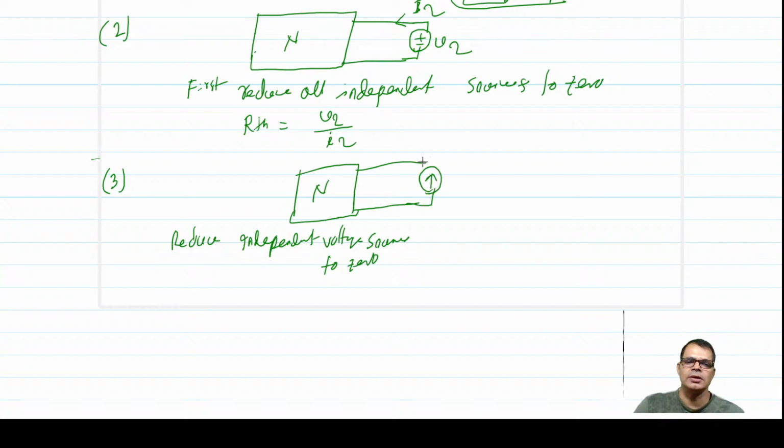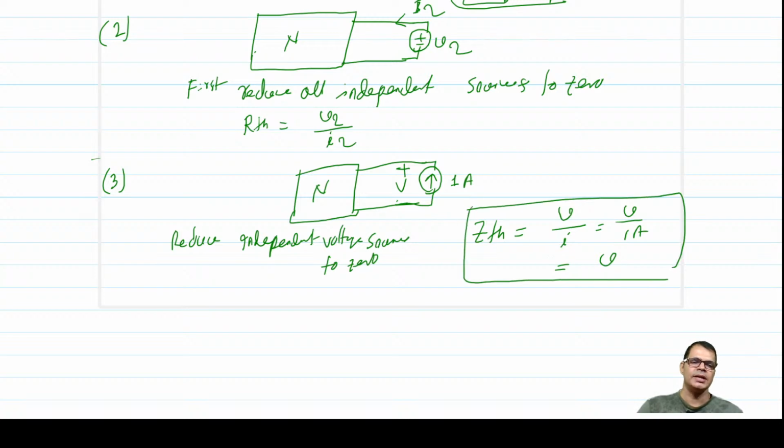Drive the network with 1 ampere current source, and measure the V. So your ZTH is the same V upon I, but here I is equal to 1 ampere. So ZTH is numerically equal to V. This is the easiest one, but students rarely use it, okay, but you can have a practice about simply this method.